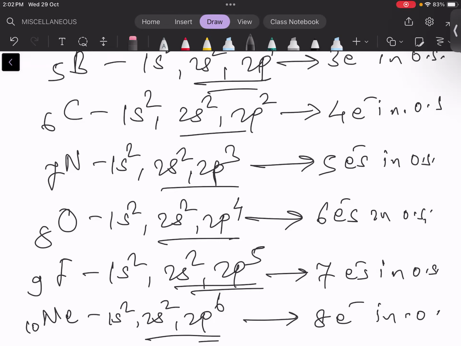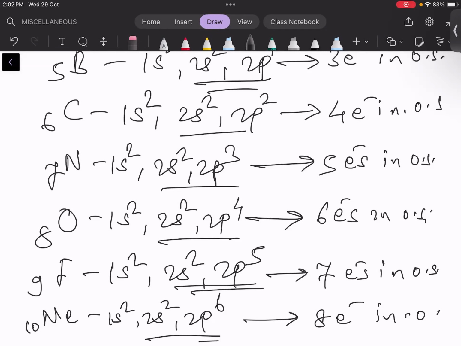Okay. Next part. That is orbital overlap concept. We studied there are 4 types of orbitals. What are those? S orbital, P orbital, D orbital, and F orbital. So they lead to the formation of 2 different types of bond.